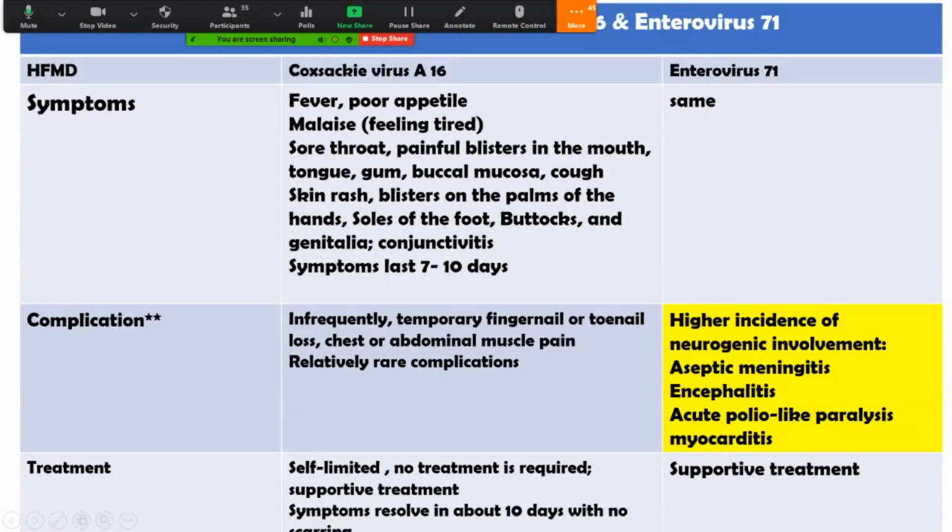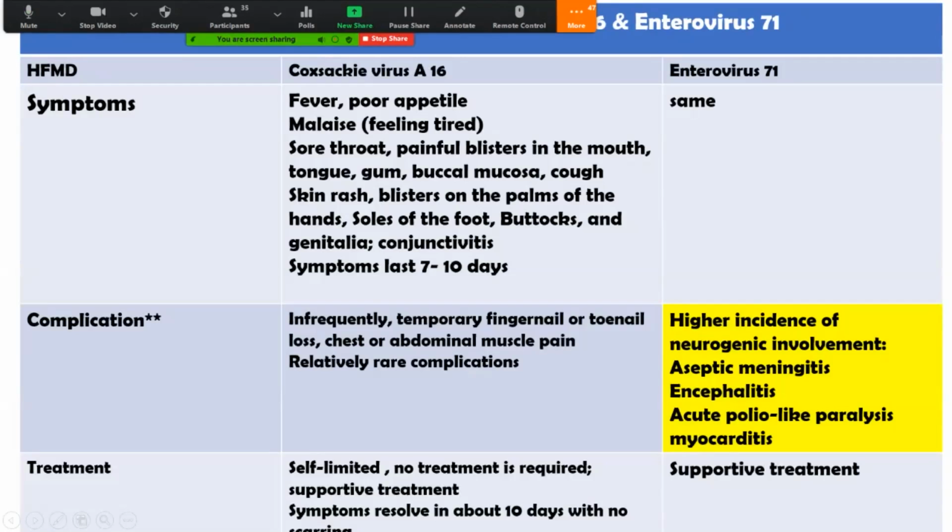The complications that I mentioned from Coxsackie virus A16 occur infrequently. They show only temporary fingernail or toenail loss, or maybe some experience chest or abdominal muscle pain. It is a relatively rare complication from the Coxsackie virus.